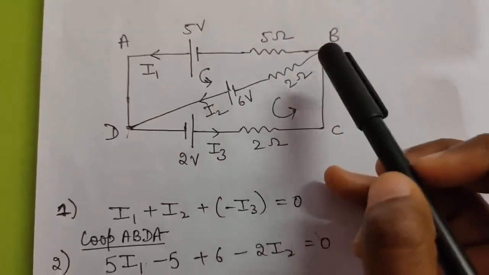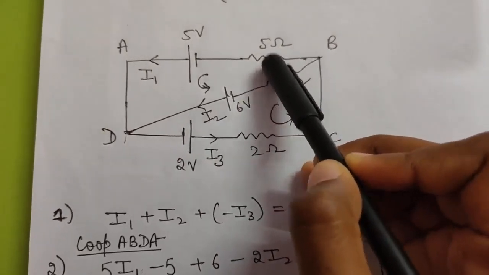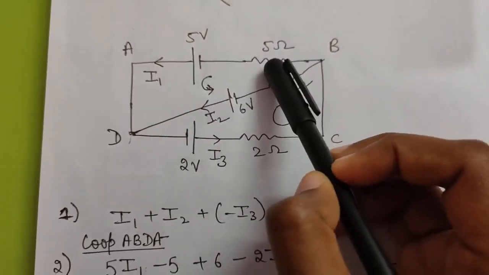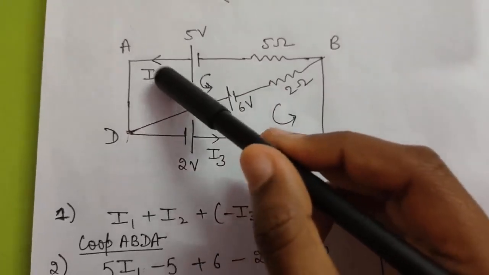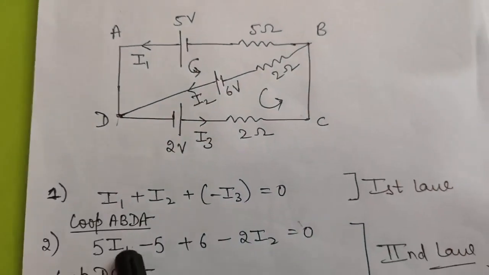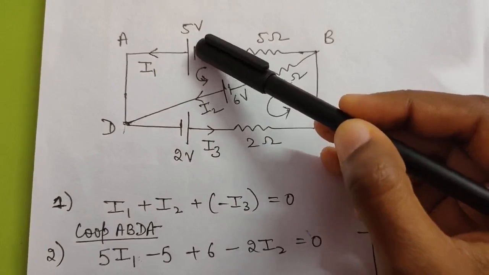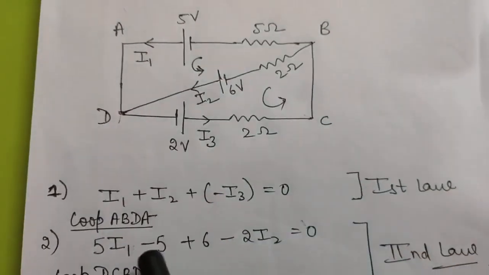So first of all, let us start from here. When I go from here, this is a resistance, and as I told you, if you are going in the same direction of current, you take the voltage to be positive. I am going in this direction, current is also flowing in this direction, so I will be taking 5I1. Now proceeding, the negative terminal is coming first, so we will be taking -5.